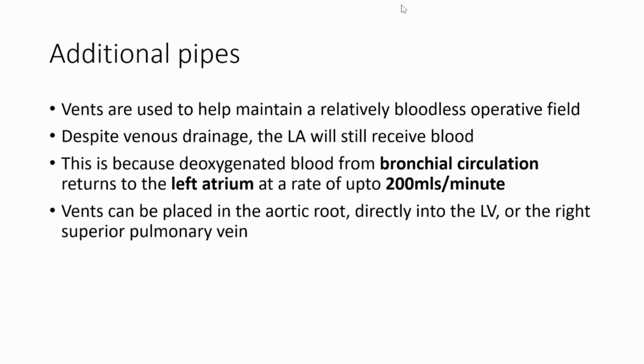So again, surgically, they'll make a small purse string around a point on the right superior pulmonary vein. Then they'll make an incision, and then they'll feed a pipe through that incision into the left atrium, down through the mitral valve into the left ventricle, and then you have a nice pipe in place, ready to suck all the blood out of the left ventricle, keep it empty, and stop it from over distending.